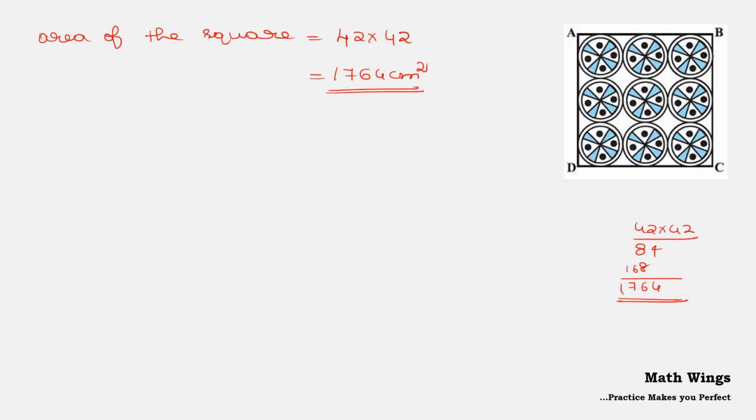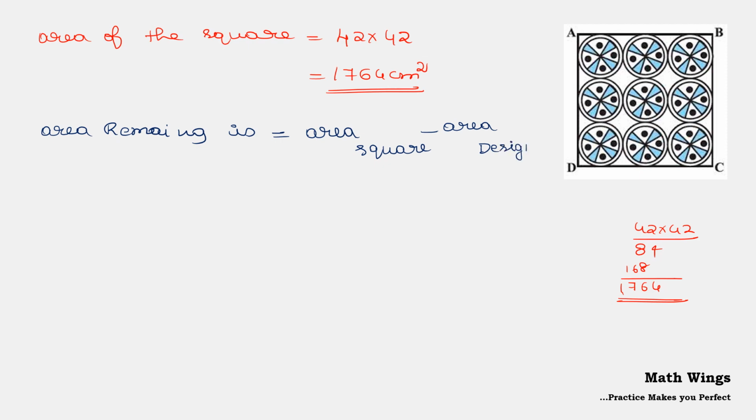Therefore, what is the area of the remaining handkerchief? Area remaining is equal to the area of the square minus the area of the design.